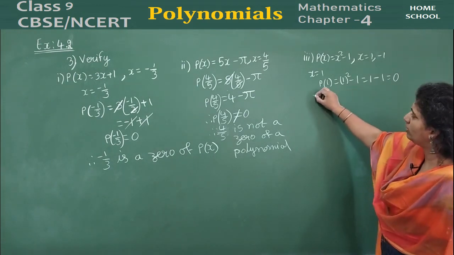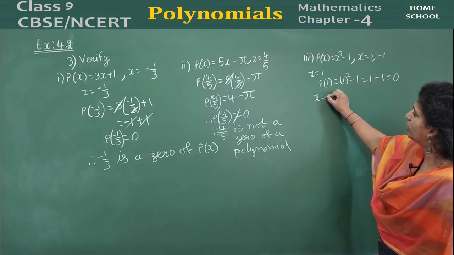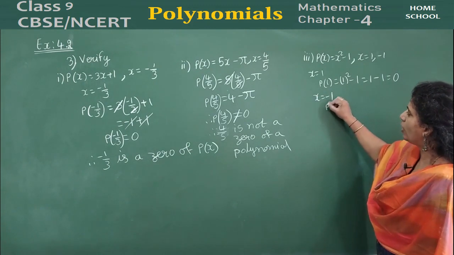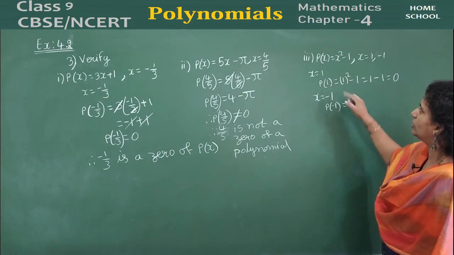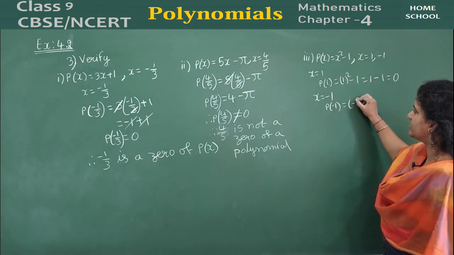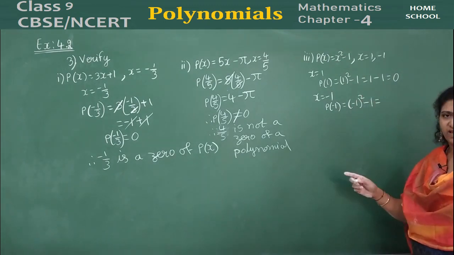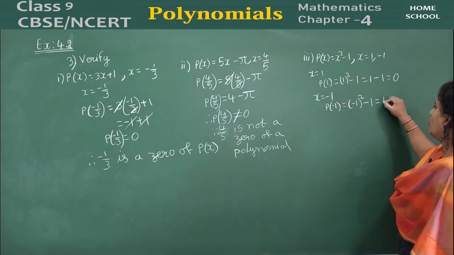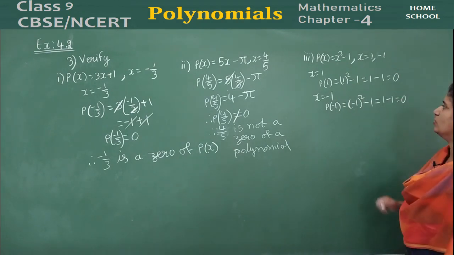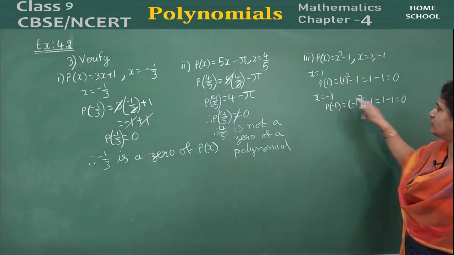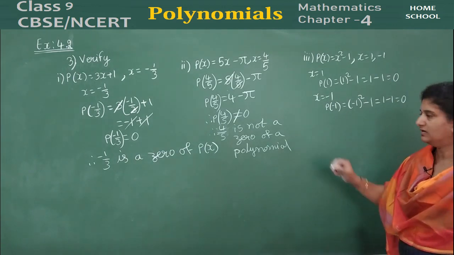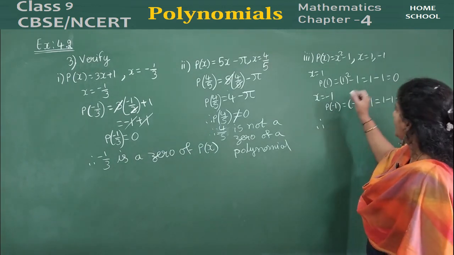Let's see one more. That is x is equal to minus 1. P of minus 1 is equal to, wherever you have x, you substitute minus 1. So now minus 1 into minus 1 will be plus 1. 1 minus 1 will be 0. So here for two values, we got 0 as the answer. Therefore, what can you say?